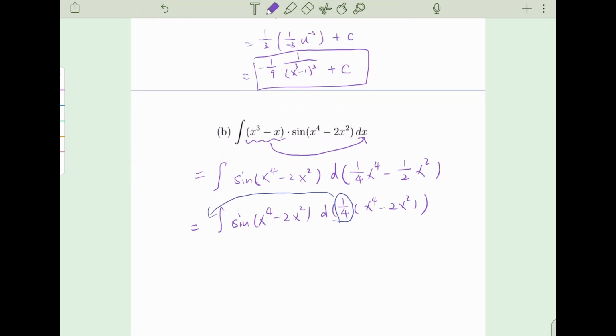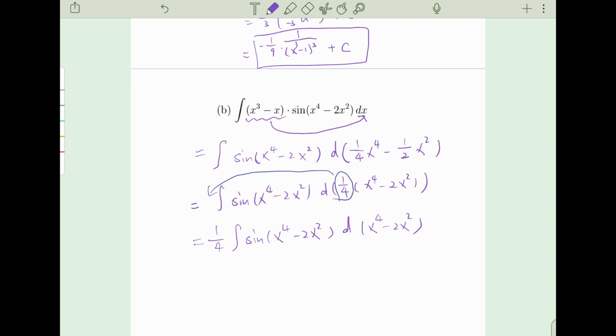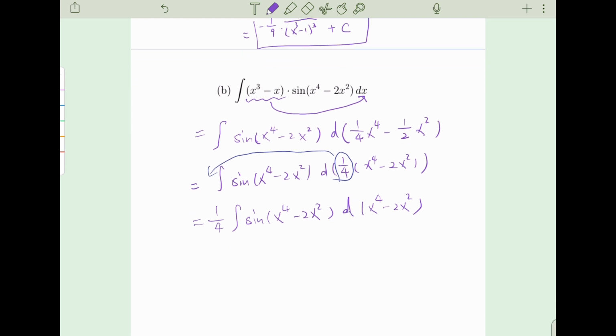And I continue to factor out this 1 over 4 out here. So it now becomes 1 over 4, this sine of x to the 4 minus 2x squared, d of this same thing, right? So now it's natural to think of viewing this x to the 4 minus 2x squared as a whole thing. So now we will let u equal x to the 4 minus 2x squared as my substitution, right?